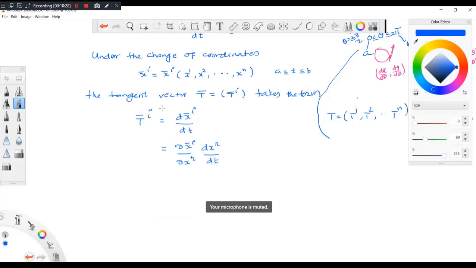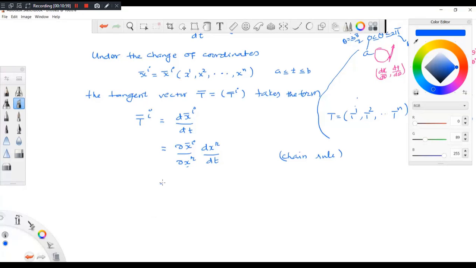Okay, so you look, this is nothing but a chain rule. You have studied it, chain rule. So dx bar i by dt, I am going via x r. So it's a kind of chain rule. Now I can write this in this form. Now you look at this one.